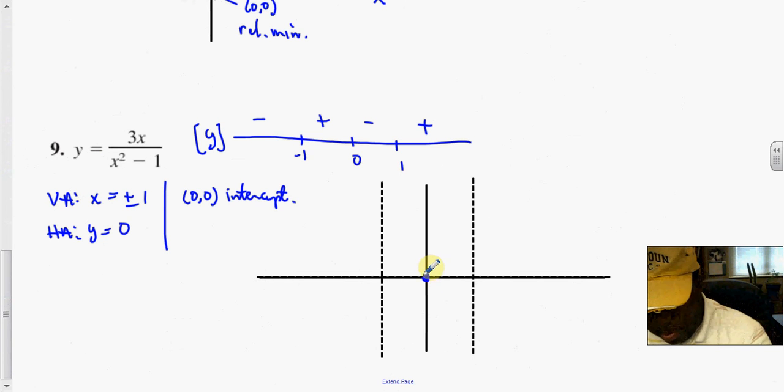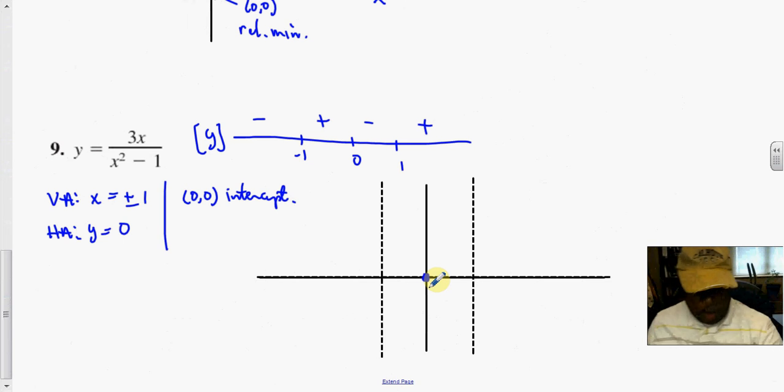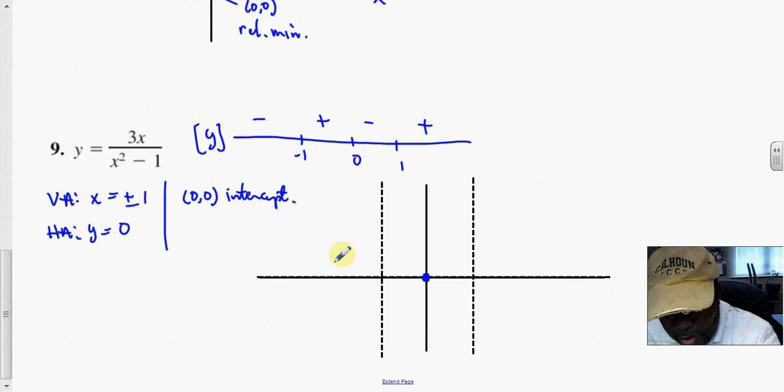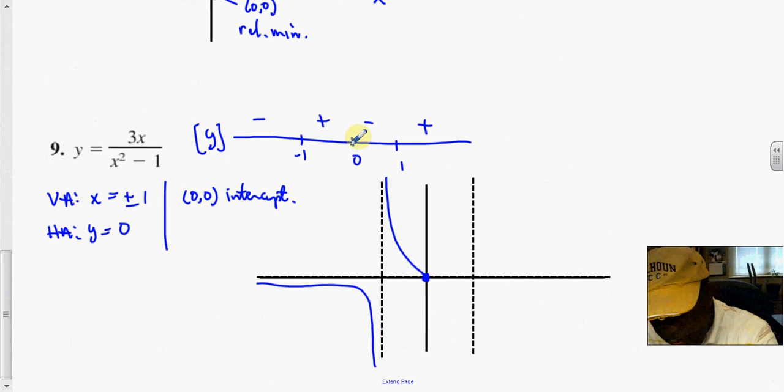We have an intercept here, and let's see what happens. So it says from negative infinity to negative 1, the graph is below the x-axis. It's doing that. From negative 1 to 0, positive. From 0 to 1, it's negative.